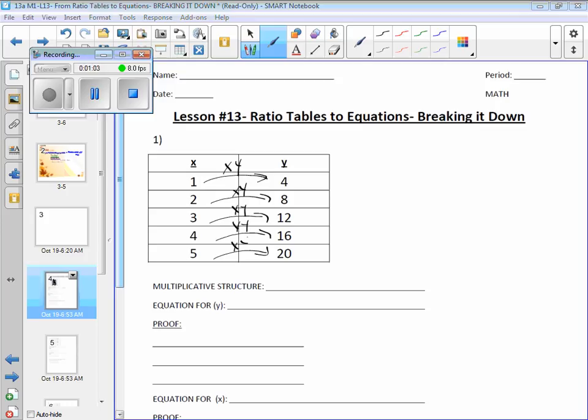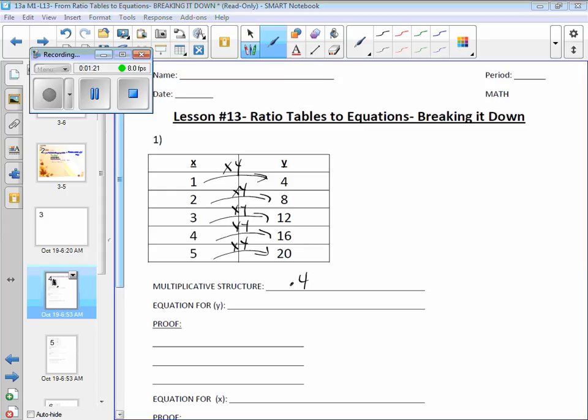Put them in for every single one. I want you to do it exactly the way that I show you to do it. So we say that the multiplicative structure for this ratio table is times 4.